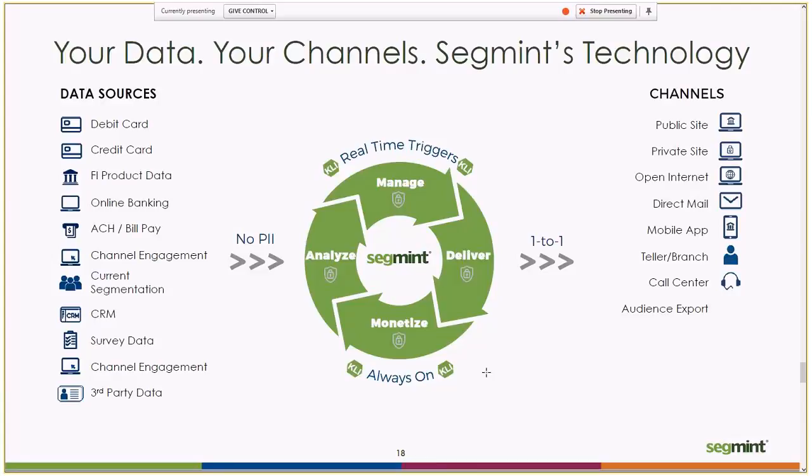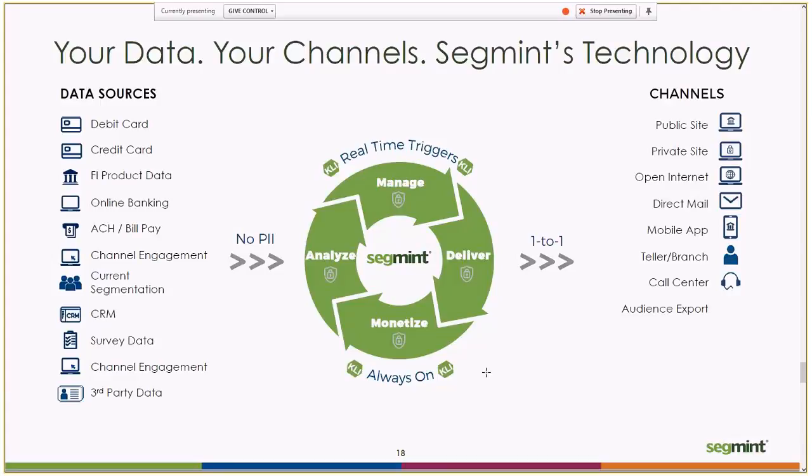This allows this data exchange to happen very seamlessly and quickly. Celero and Segmint are pulling in this data on your behalf, securing this data, making this data anonymous to the platform, so your teams do not have to do this heavy lifting.